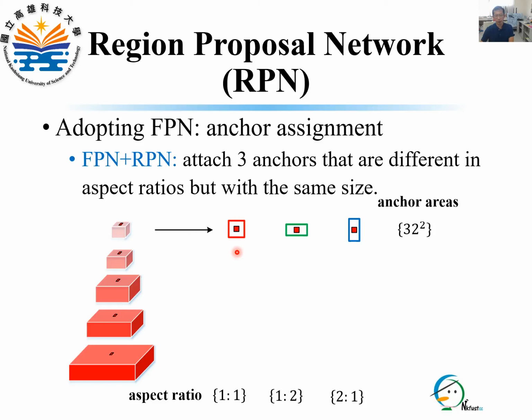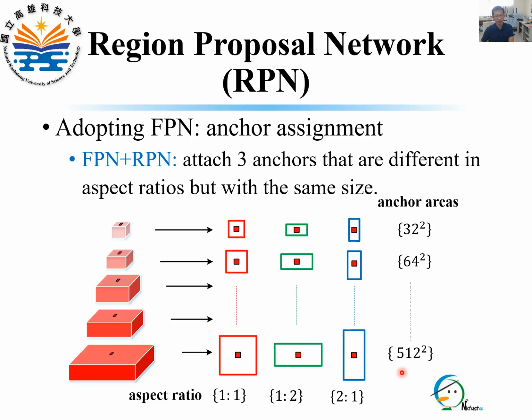Their aspect ratios are 1:1, 1:2, and 2:1 respectively, but sizes are all the same and equal to 32 square. Similarly, the next layer's attached anchors are all with the same size, equal to 64 square. Similarly, the sizes of the anchors for the last layer are all 512 square.